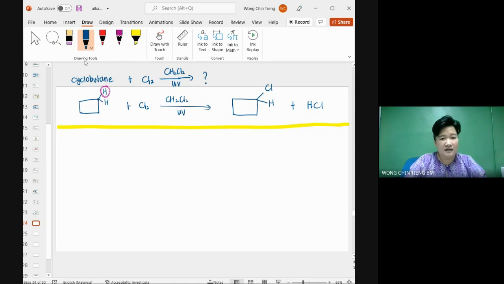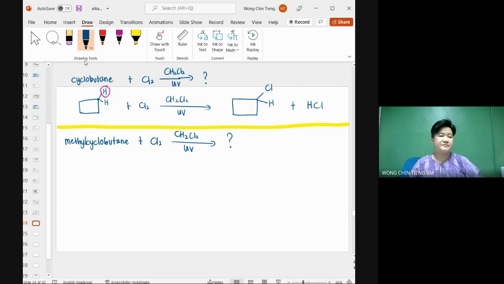Kalau saya nak methyl cyclobutane plus Cl2, UV, product. So kita lukislah.